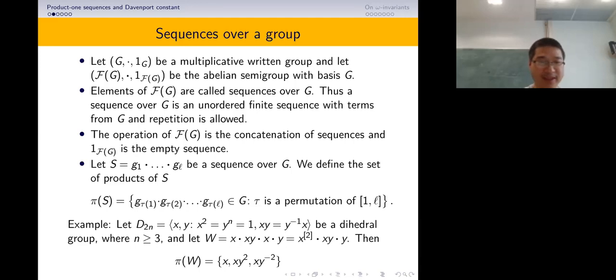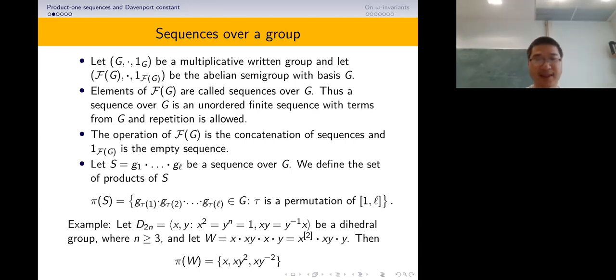For example, we let D_2n be a dihedral group. Then we let W be a sequence with 5 terms, X, X, Y, X, and Y. Since W is unordered, we can also write it like this, X to the power 2, X, Y, and Y. Here we use brackets to denote the exponentiation in F(G).